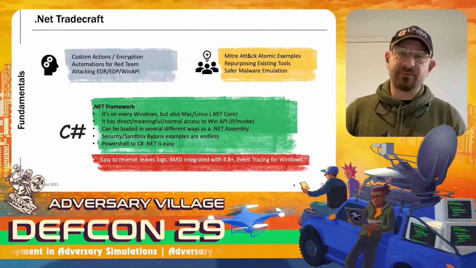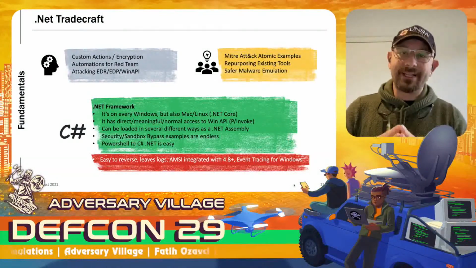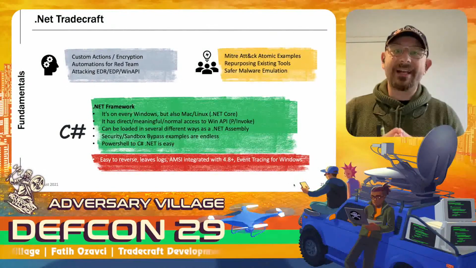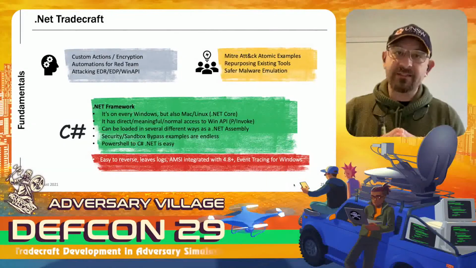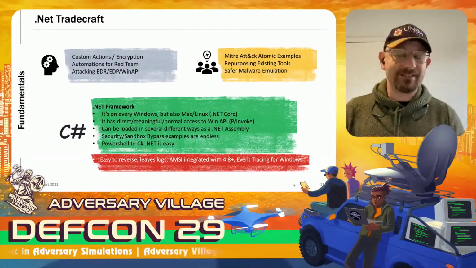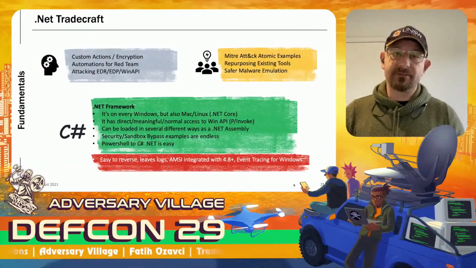This is quite helpful for adversary simulations because we try to avoid detections. We actually prefer detections where they are necessary or where we need them. If they are not needed, we don't need to be detected. That's why our tools must be as subtle as possible.